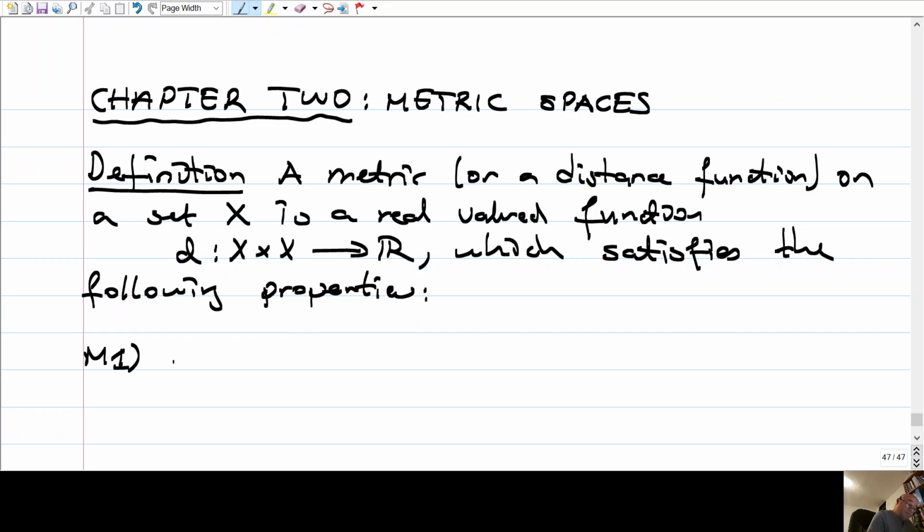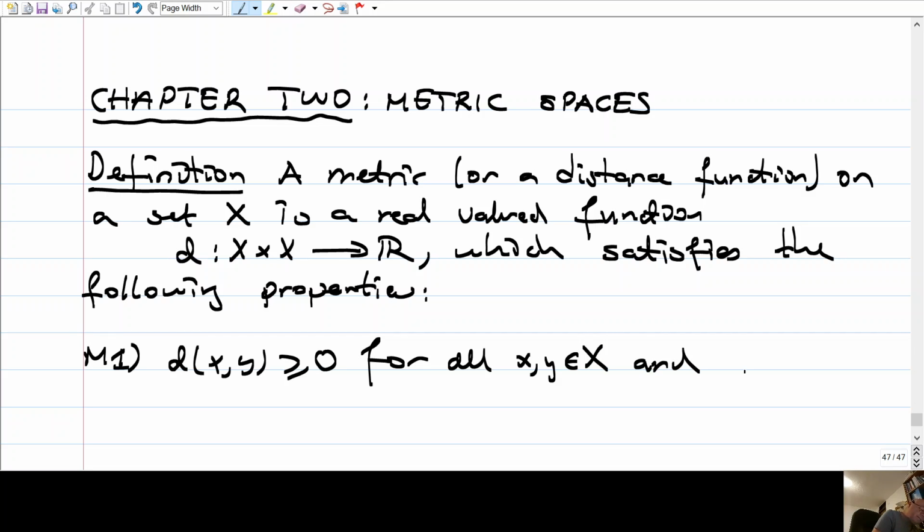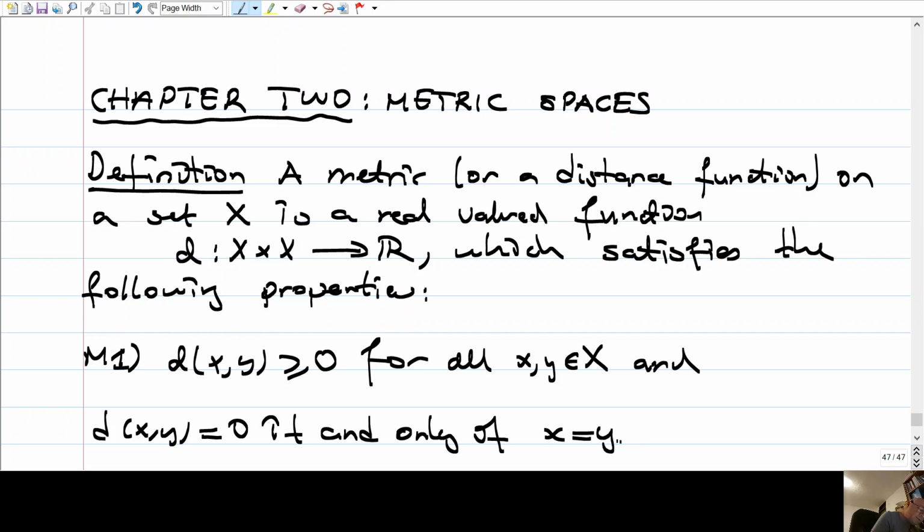So the first property is this. Since this is the distance between 2 points, distance is never negative, right? So this is always non-negative for all x, y in X, and this distance equals 0 if and only if x equals y.